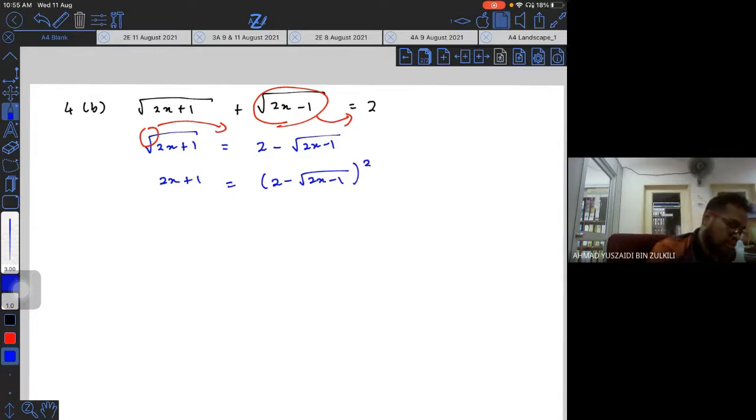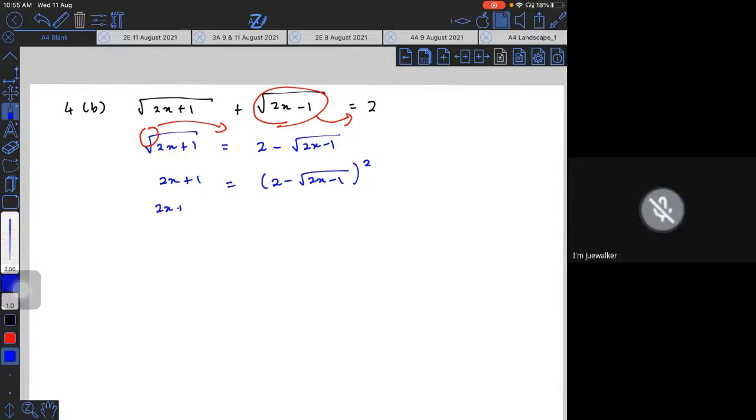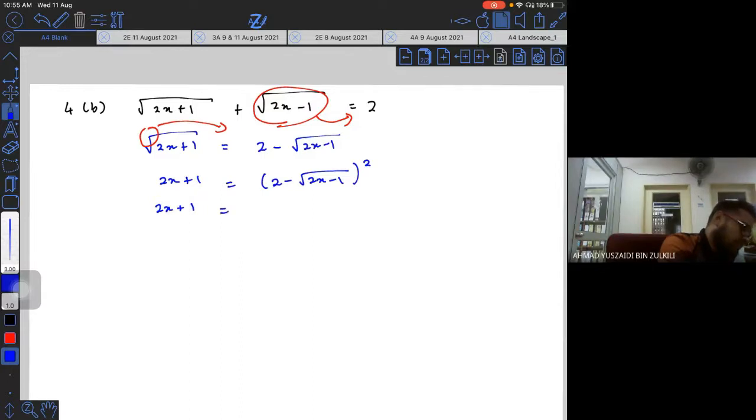As usual, when you have brackets and you have a square, you need to expand. So 2 minus square root of 2x minus 1, all squared. This one isn't a conjugate, so you need to expand one by one.